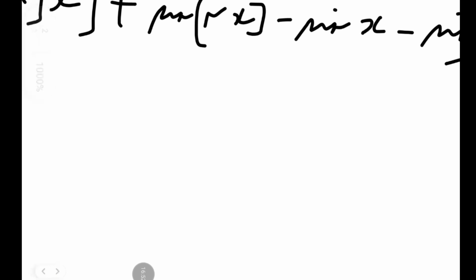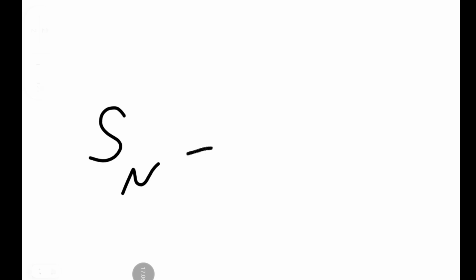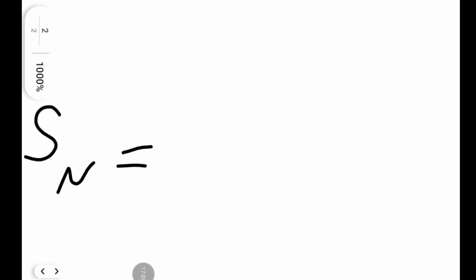So we have the sum of n, again from 1 to n. We'll basically plug in what we just got before, put a bit lower to make it simpler. It's going to equal, we can get into this formula here, let me just write it out.